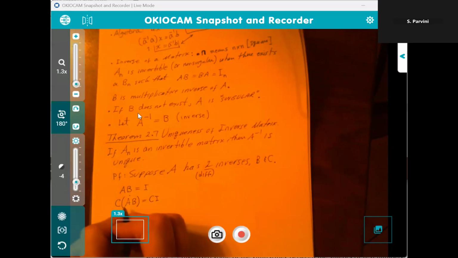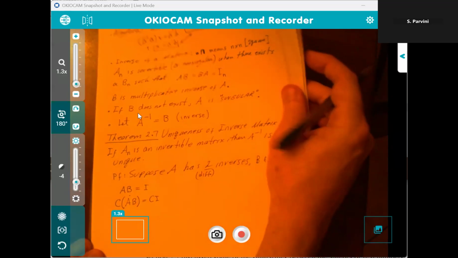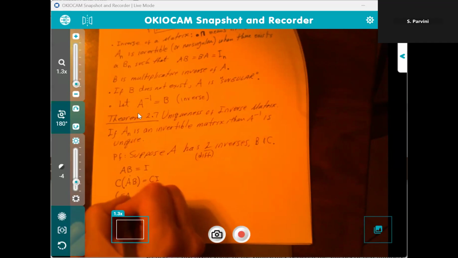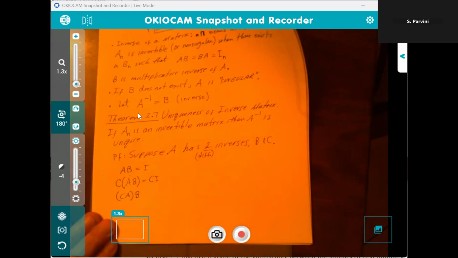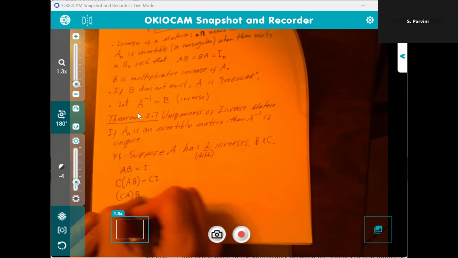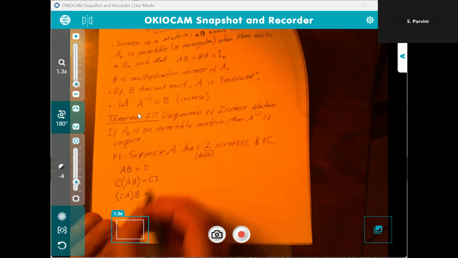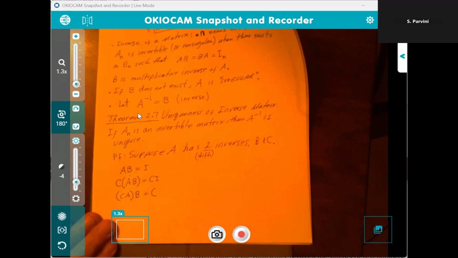Now, using the associative property of multiplication, I'm going to group C and A together, and then multiply that by B. And on the right side, remember, any matrix times the identity matrix is the matrix itself.